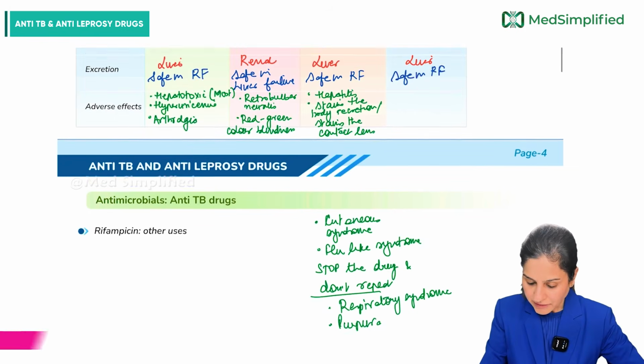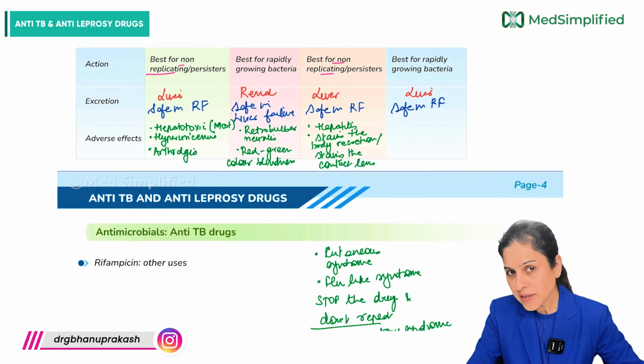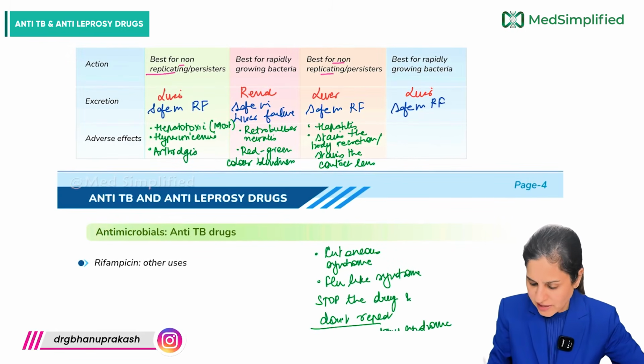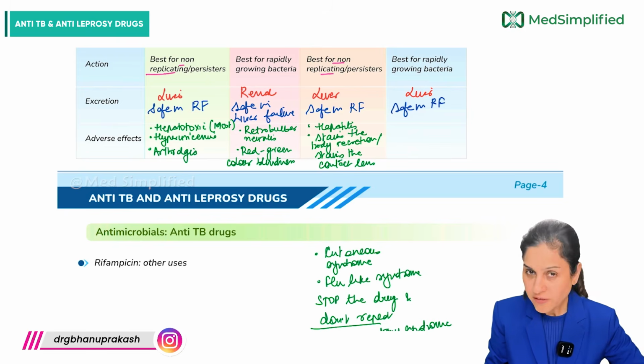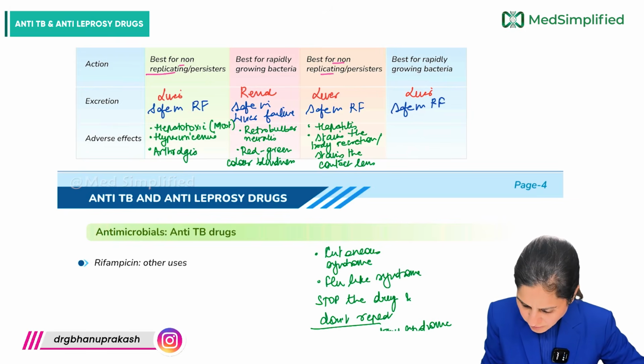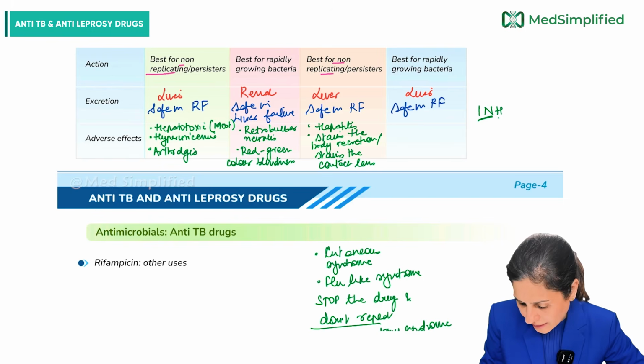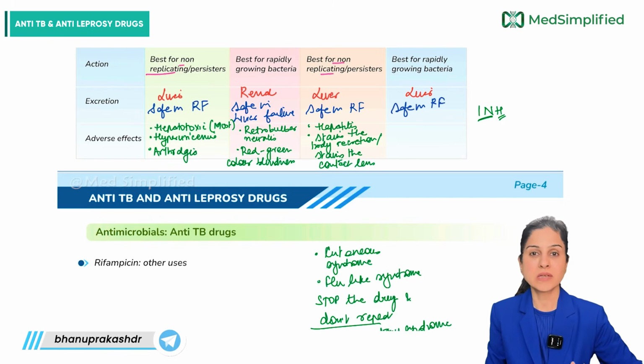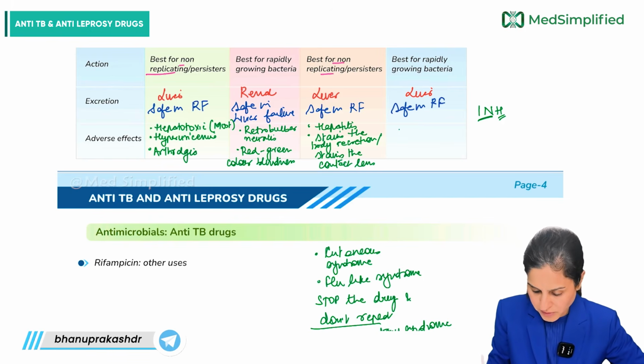Okay. Then the last drug here is isoniazid. Now isoniazid, remember, very easy trick for its major side effects: it is INH. N stands for neuropathy, H stands for hepatotoxicity. So these are two major problems with this drug.